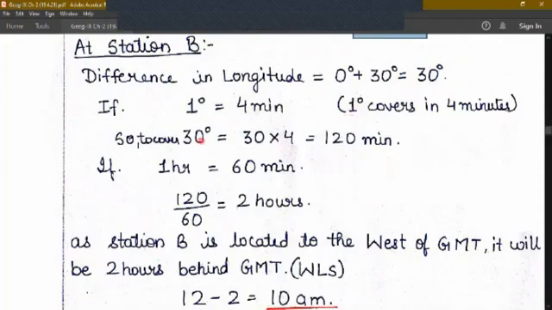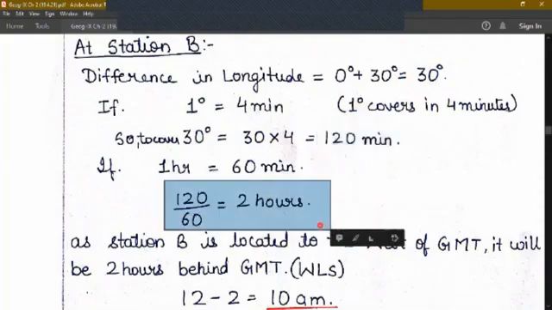That's why, to cover 30 degree longitude, we multiply it with 4. It becomes 120 minutes. Now 1 hour is equal to 60 minutes. That's why 120 again divided by 60 becomes 2 hours.